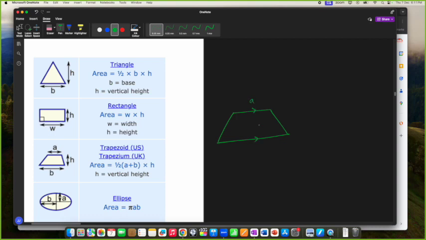We'll call them A and B, and this is the perpendicular height, H, and the area of a trapezium is a half the sum of the parallel sides, A plus B, multiplied by that perpendicular height, H.